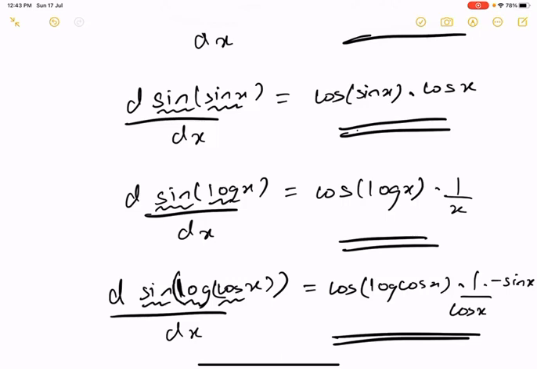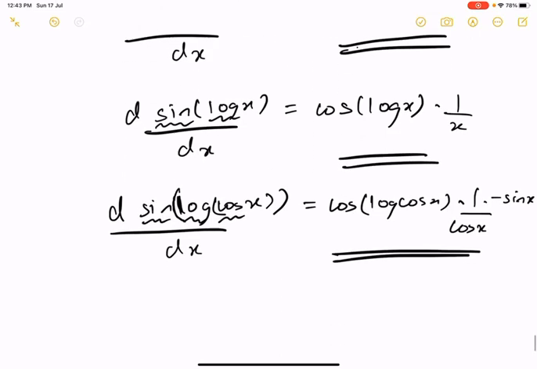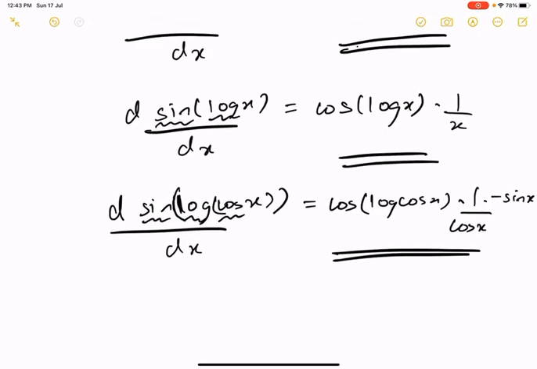So the way you read, that's the way you go on finding the derivative. The derivative of sine is cos, the derivative of log is 1 divided by, then the derivative of finally cos is minus sine. But make sure you put the input properly. I cannot just write cos x.